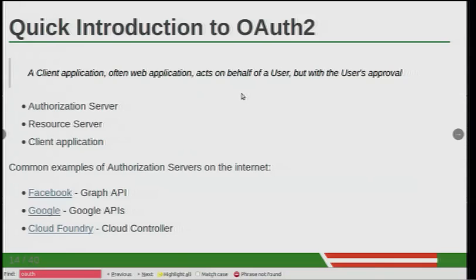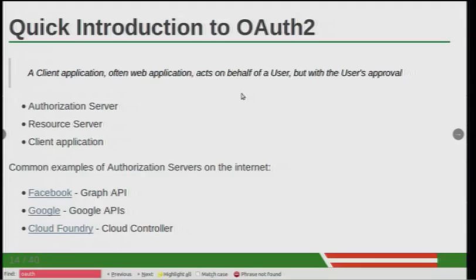So the little quote at the top is a paraphrase of the whole idea behind it all. So you have a client application, which is often but not always a web application, which acts on behalf of, but not always on behalf of, a user, but with the user's approval.